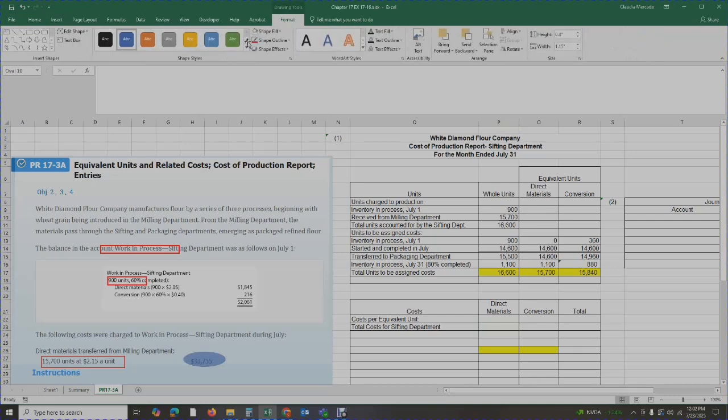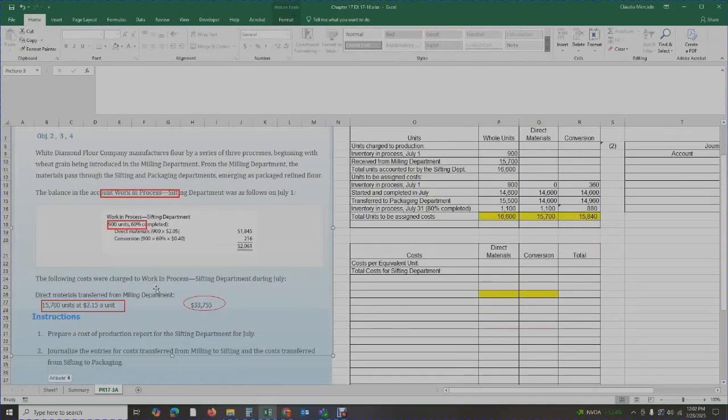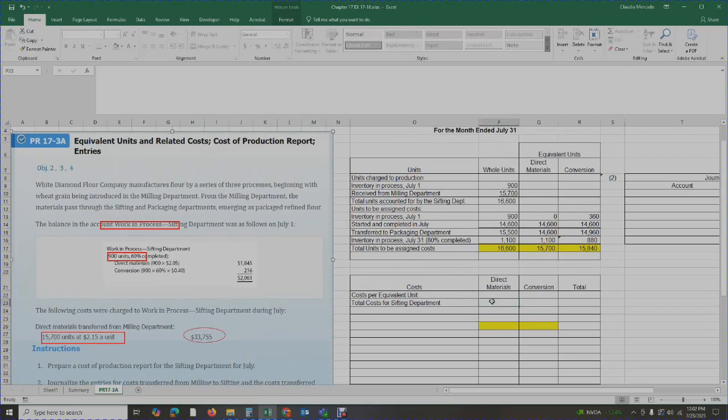Right there. Okay. So the actual total that was transferred in from the milling to the sifting was $33,755. We're going to bring that over. 33,755. Okay.